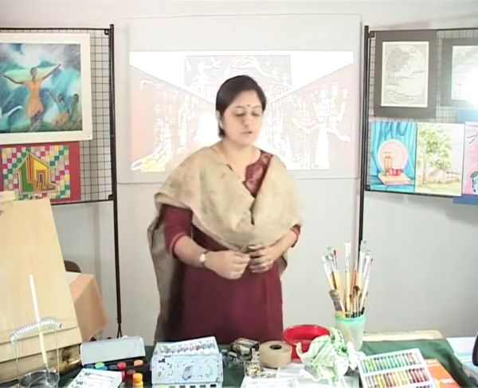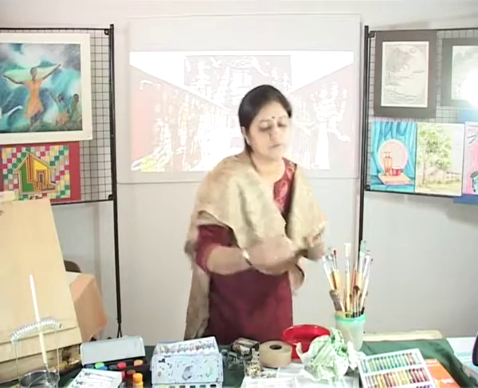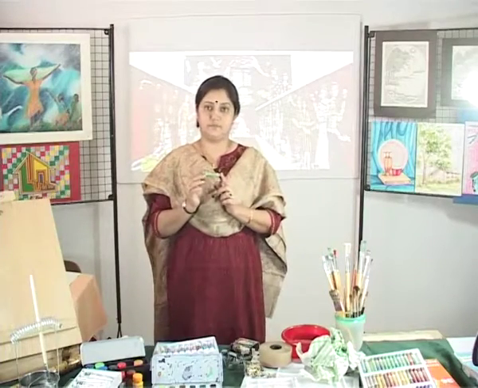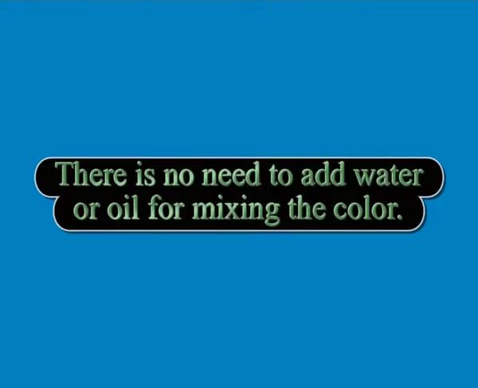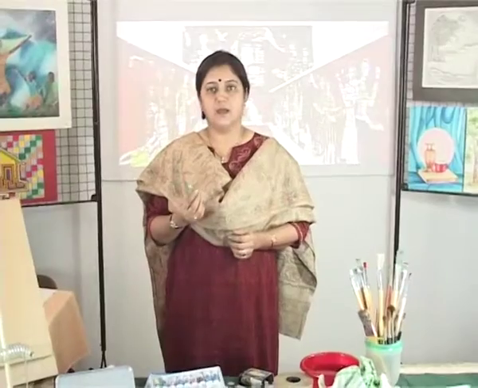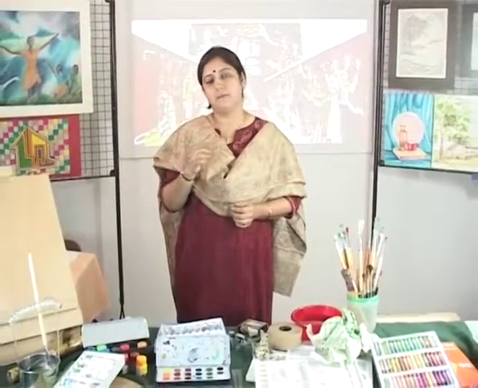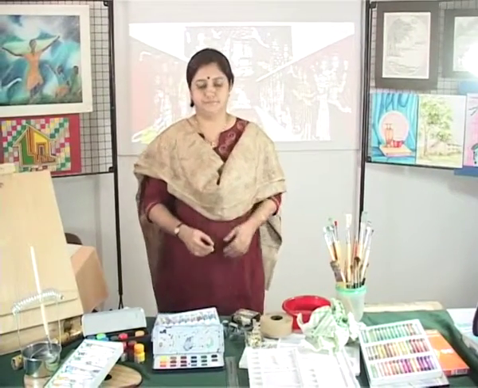It is formed into long round strips. There is no need to add water or oil for mixing the color. Because it is dry, there are no frustrations of waiting for the paper to dry. We just pick up the colors and apply them directly to the painting surface.